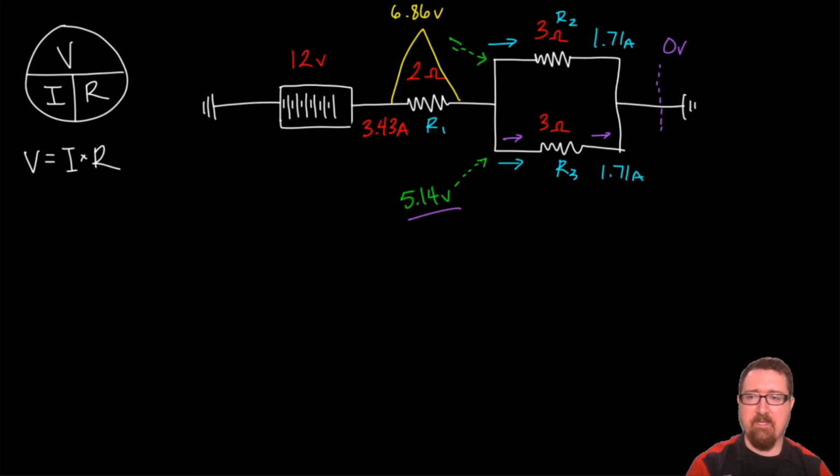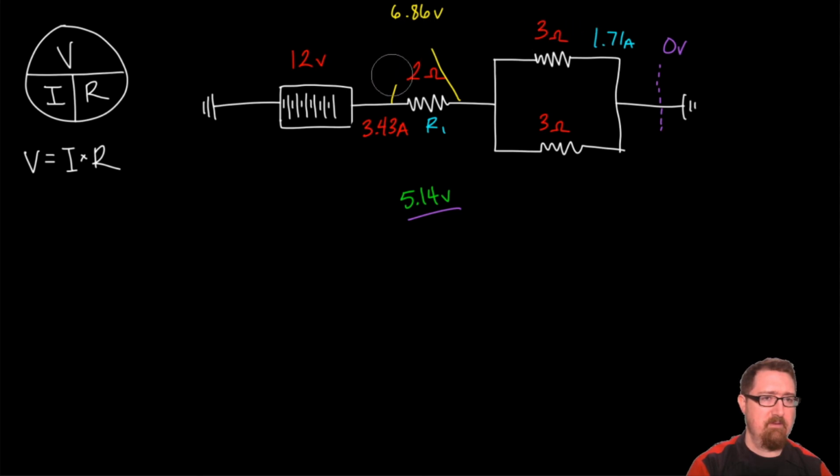Let me go ahead and erase some of this stuff so it's not quite as convoluted as you would think. And once we do this, I'll give a real quick summary of what we calculated here. That way hopefully it makes a little bit more sense.